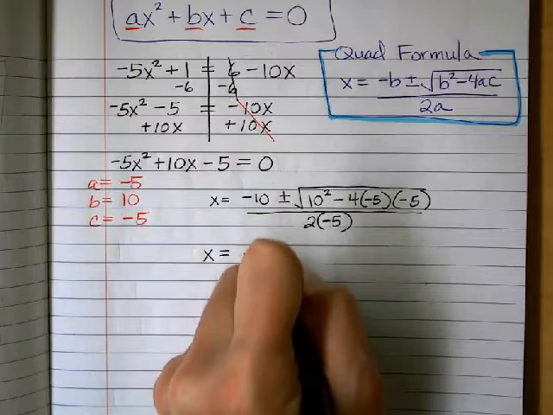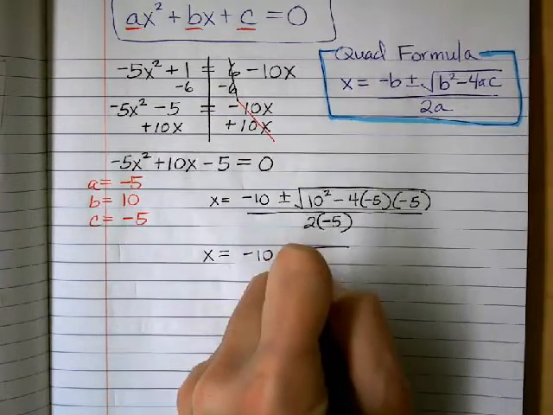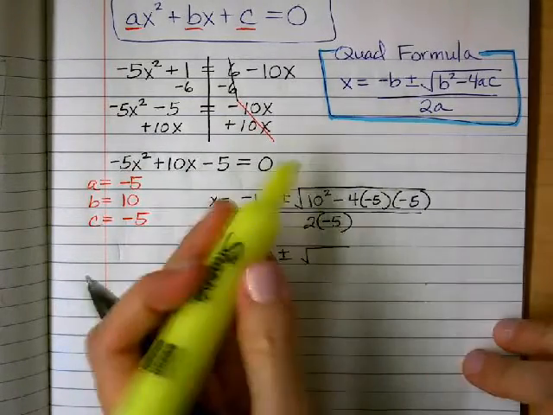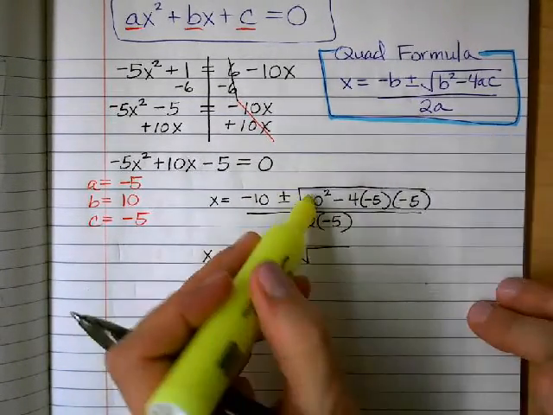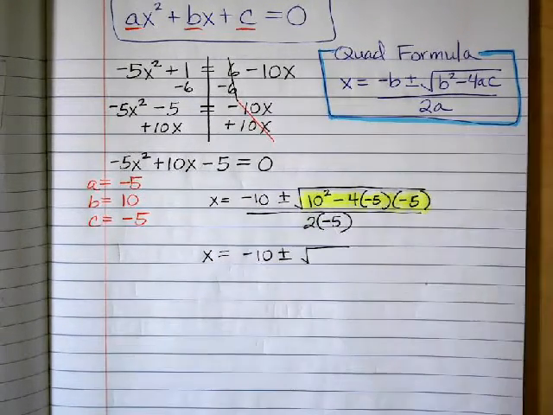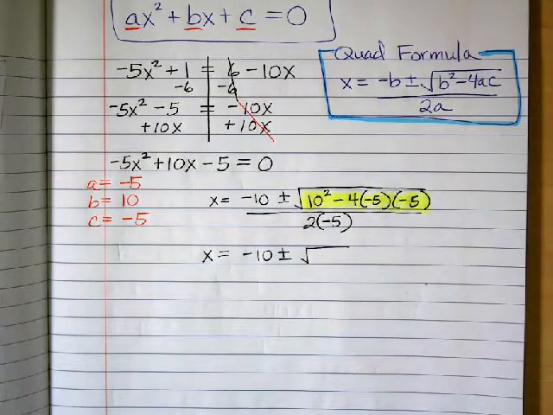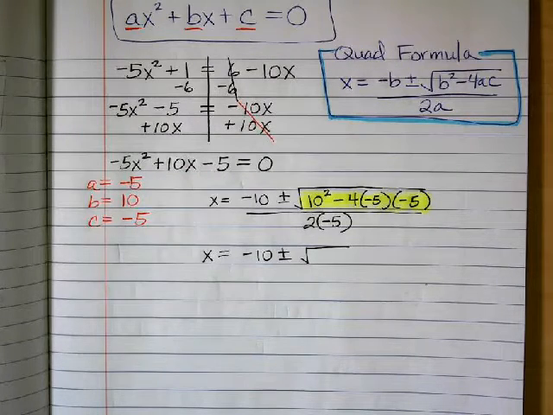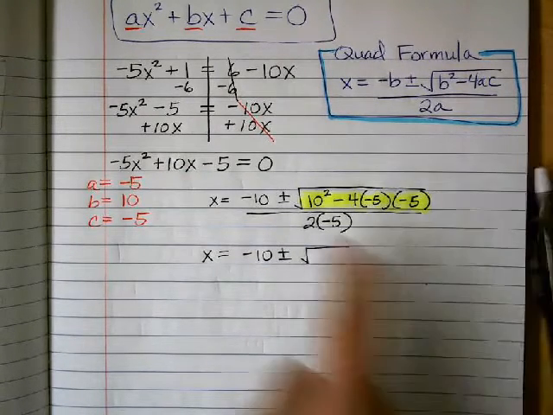We're going to actually work on it now. If you can figure out that part I highlighted in yellow, that's the hardest part of this formula. So get a calculator and do the math, like figure out what's 10 squared.